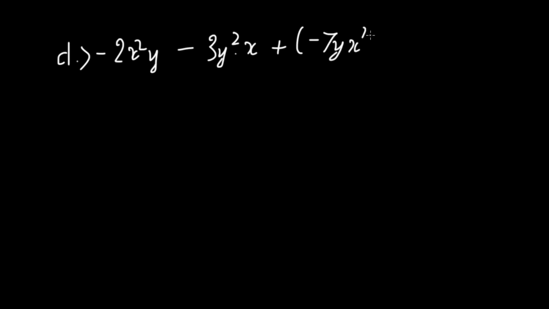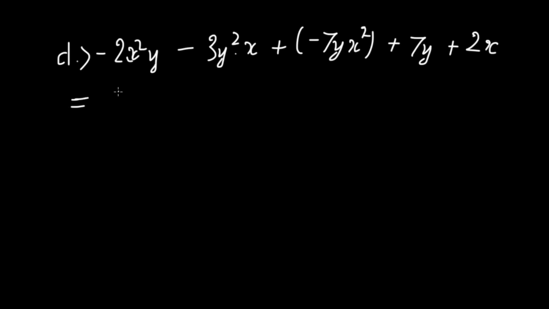D: negative 2x squared y minus 3y squared x plus negative 7yx squared plus 7y plus 2x. First of all, we need to simplify this.